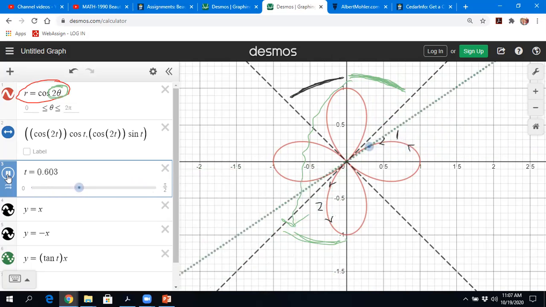And then if I go into this zone right here, I'm still going to have a negative radius because I'm doubling things that are between pi over 2 and 3 pi over 4. If I double pi over 2, I'm at pi, yes? And if I double 3 pi over 4, that's at 3 pi over 2, or 270 degrees.